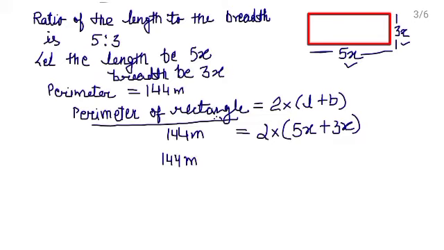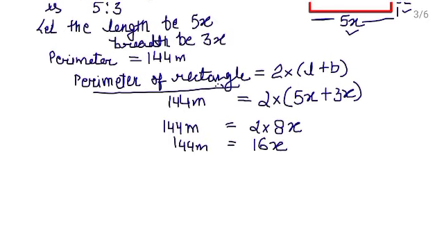144 meter is equal to 2 into 5x plus 3x, 8x. Right, 144 meter is equal to 16x. Now you want to find the value of this x, right? So you will move the 16 to the other side.